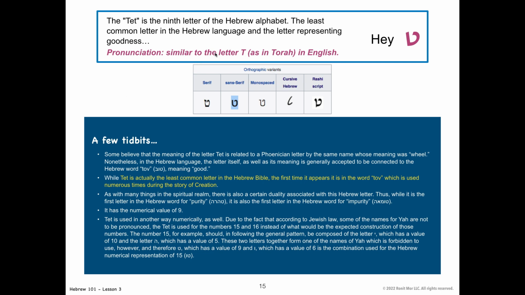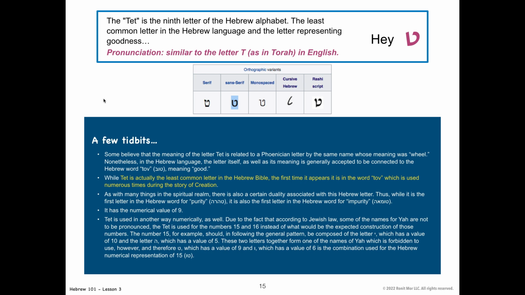It sounds similar to the letter T, as in Torah in English. So you can see how it is represented in the Bible, then in the modern sans serif format, and then the cursive Hebrew, not that close, but that's how we write it in cursive.